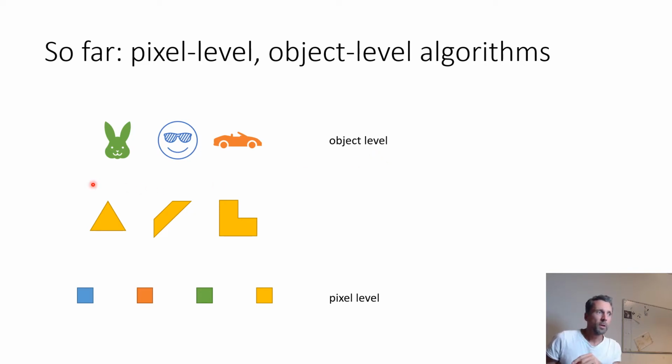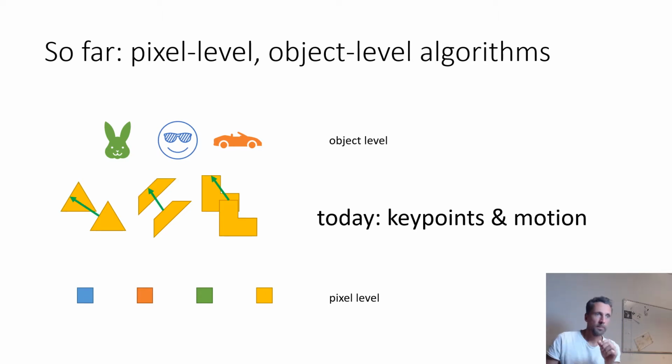And today we're going to look at all the stuff in between. So image structures that we will track through time, right? Today I'm going to first introduce you to the concept of key points and interest points, and then we will show you how to find these again in consecutive frames.